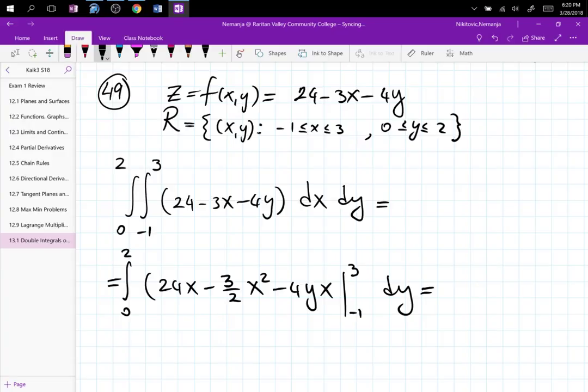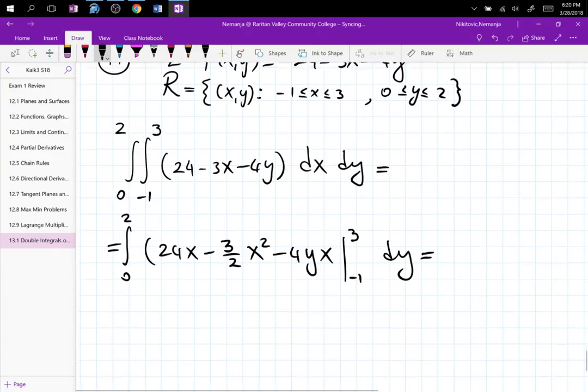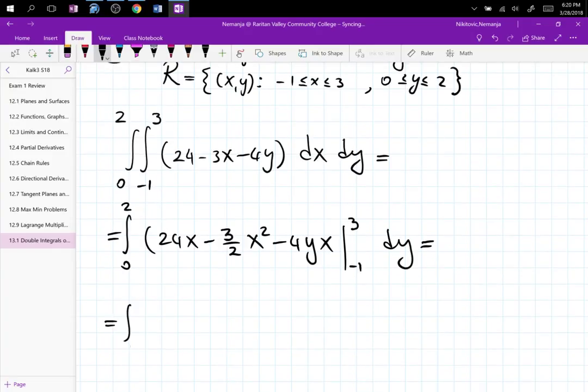Now you compute this. All of your x's are picking up 3's and 1's, the -1. So 0 to 2. 24 times 3 will be 72. Minus x squared, that's 9 over 2. Minus, and this is 12y. Now minus, and we plug in a -1, so plus 24, because minus and minus, right?